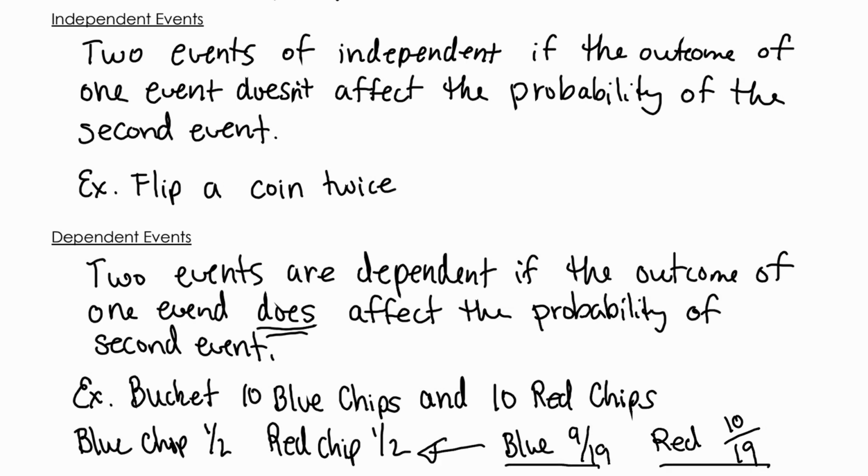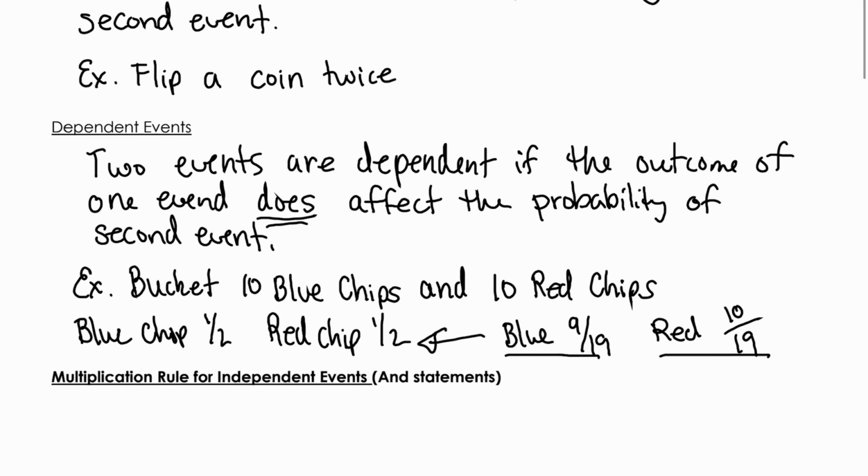So this probability has changed based on the first pick. The event of the first pick has affected the probability of the second pick. So this is an example of dependent events. When we calculate the probability of "and" statements, for example, the probability of event A and B happening, we calculate that differently for events that are independent or dependent.